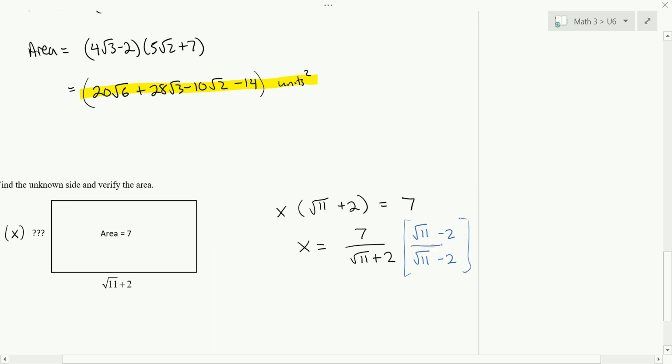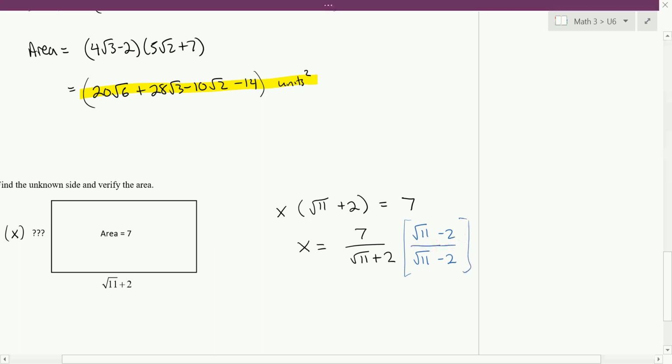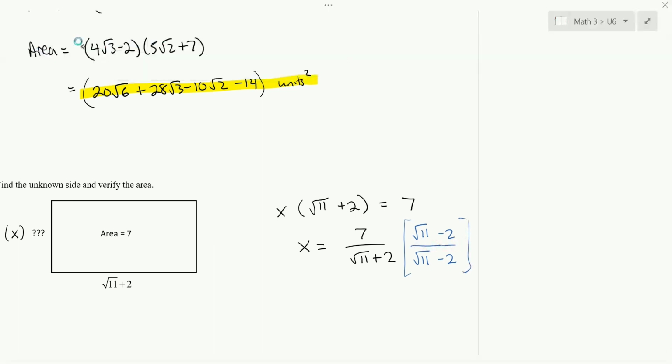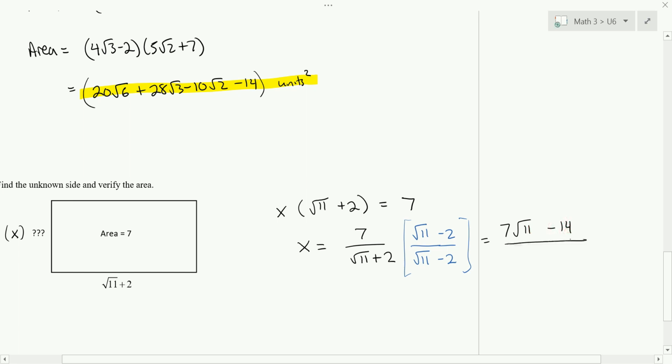So you multiply by that to simplify this. And here you go. Okay.